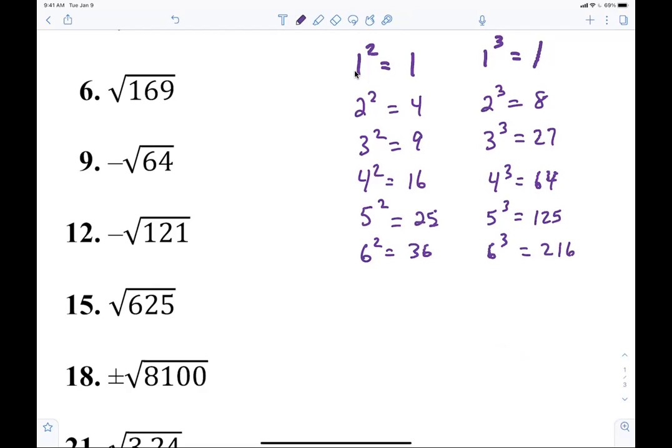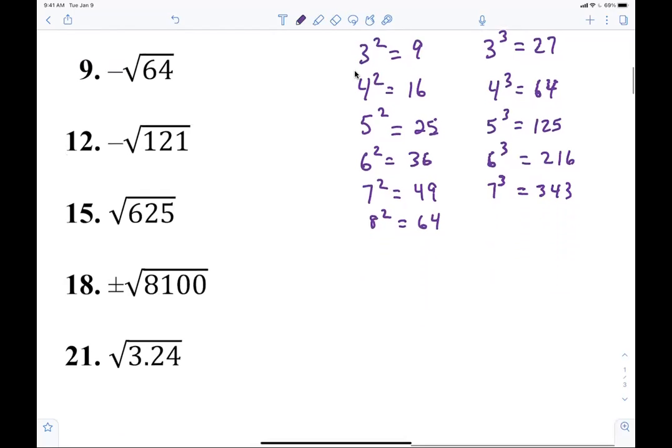All right. 7 squared, obviously 49. 7 cubed, 343. That is correct. Now 8 squared, we know that one, 64. And of course, I don't expect most people to know 8 cubed, but I know it's 512.